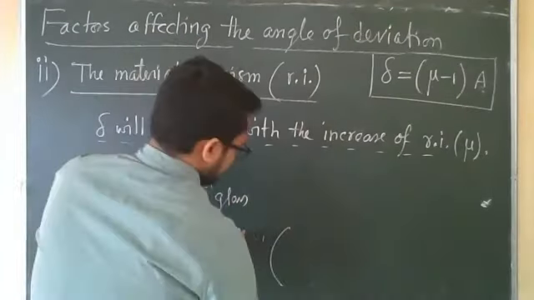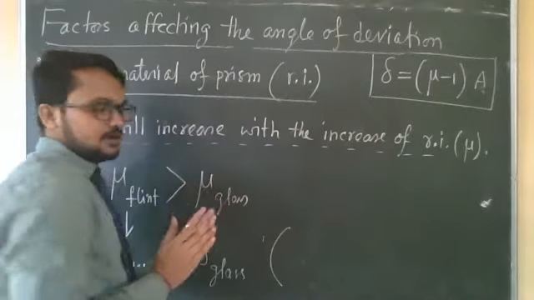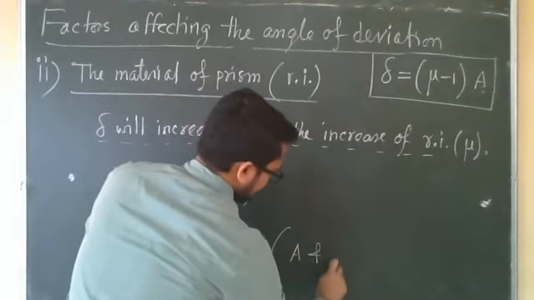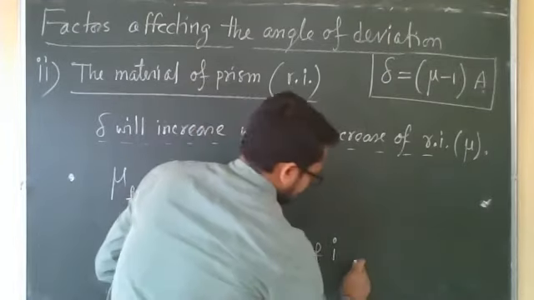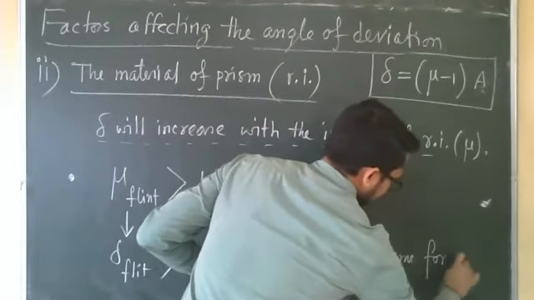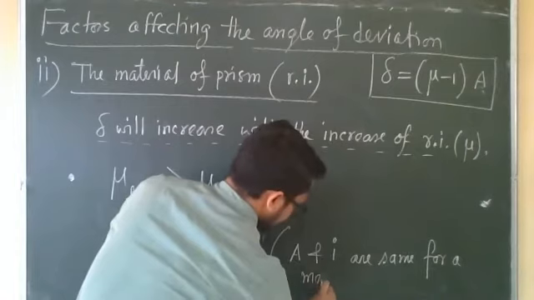Provided the angle of prism for both the prisms is the same, that means A and the angle of incidence are the same for a monochromatic light.